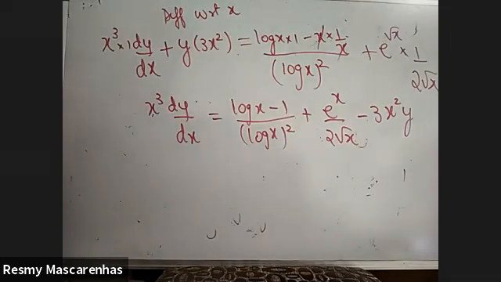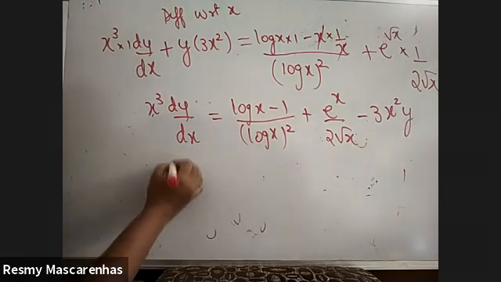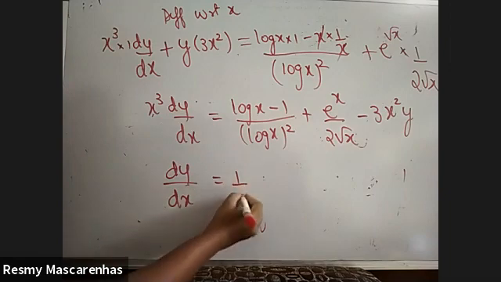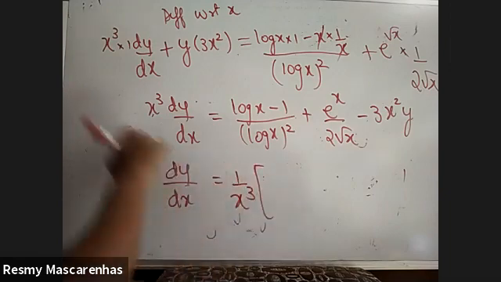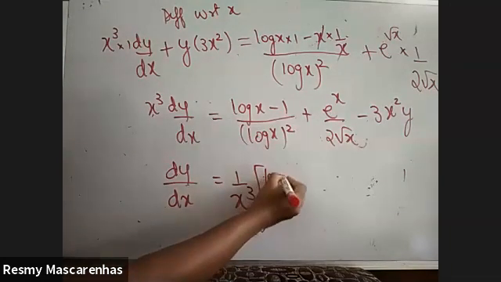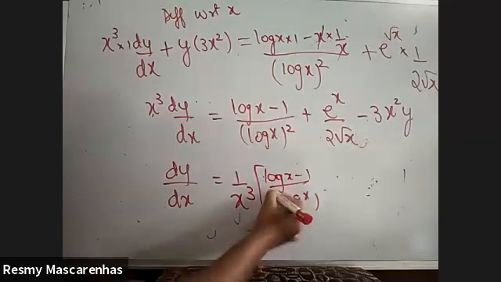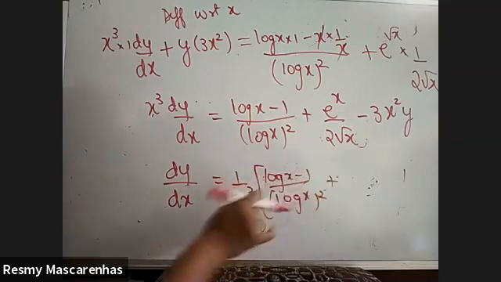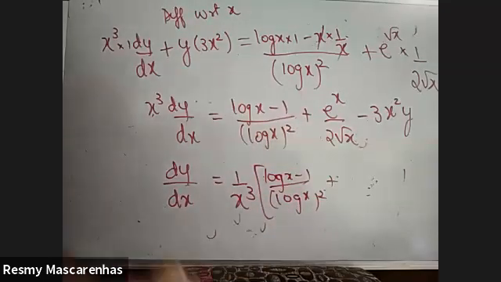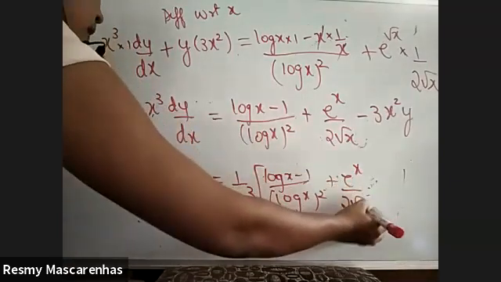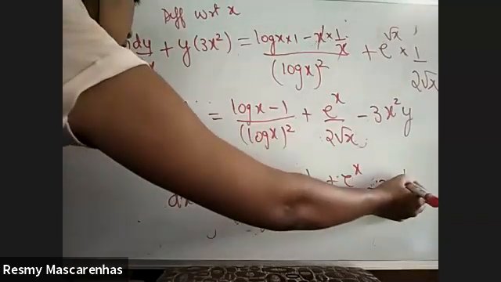Okay. And now only dy by dx is left to find. Just take it on the other side. So it will become 1 upon x cube, and then write the whole term again. Plus e raised to x root x. So this is your answer.